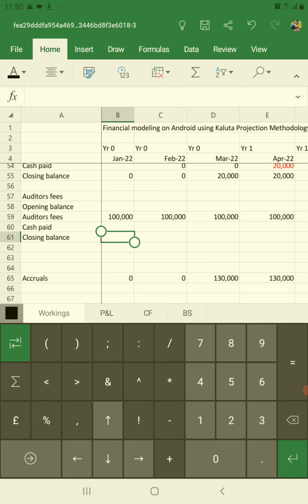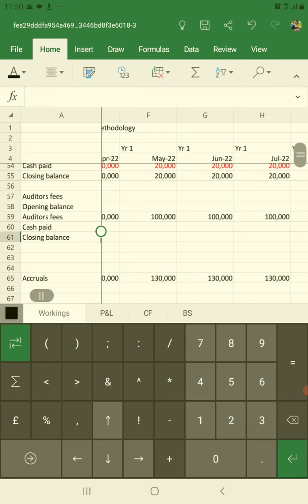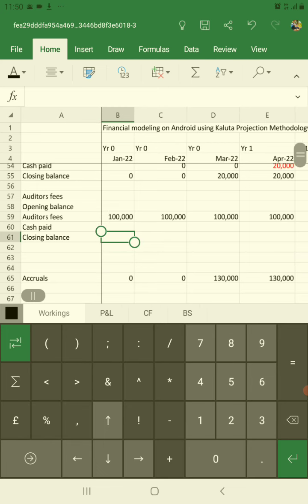Because the cash paid is put in negative already, what we are doing is simply summation as we did previously. So let me put 0 here in audit balance so that when I use a summation formula it will sum from there.